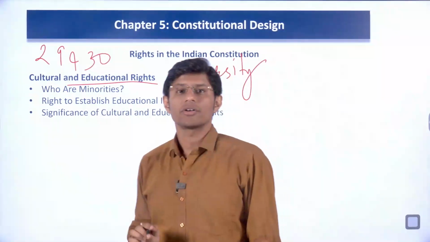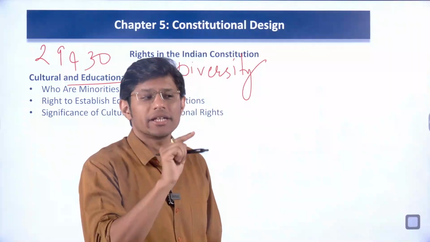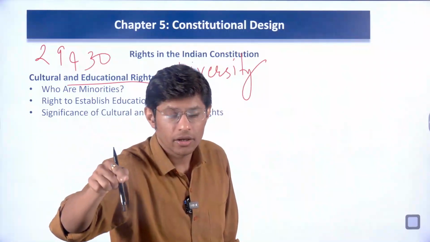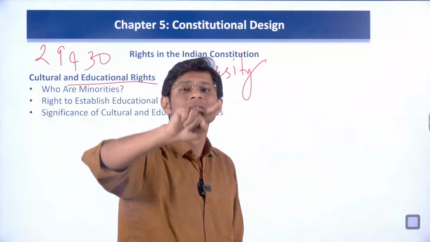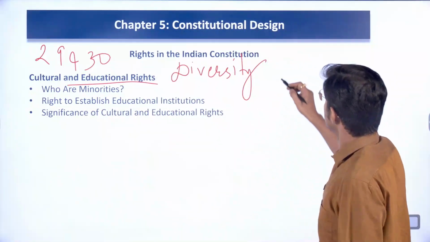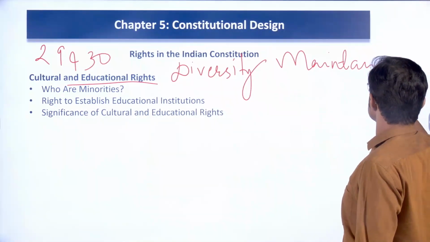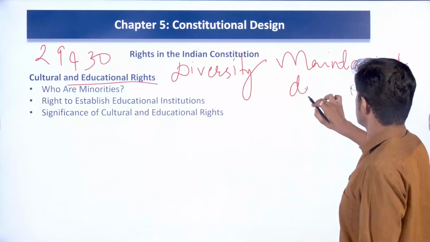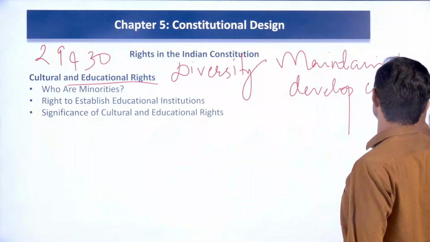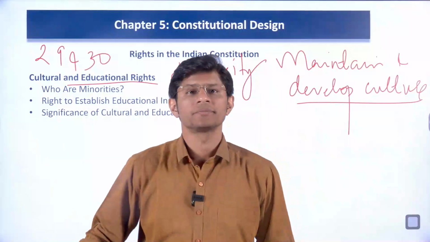And to protect the identity of each and every person and every cultural group, the Constitution guarantees the minorities the right to maintain and develop one's culture. The Constitution has provided this right.